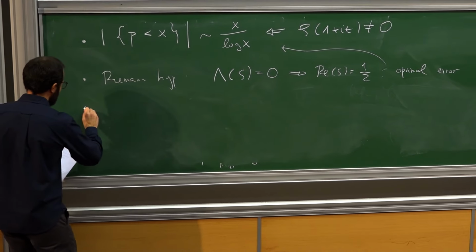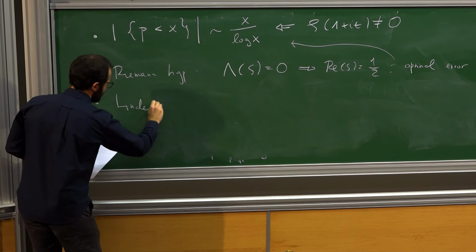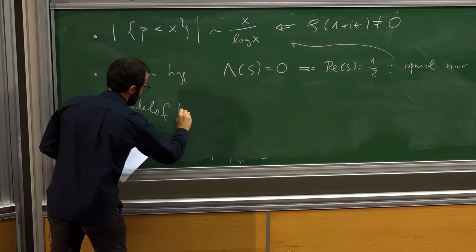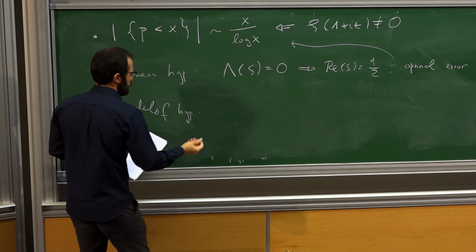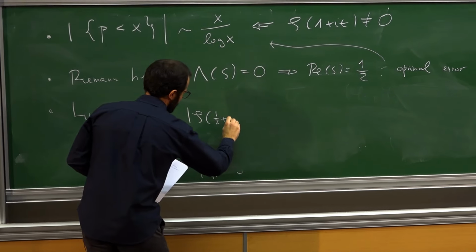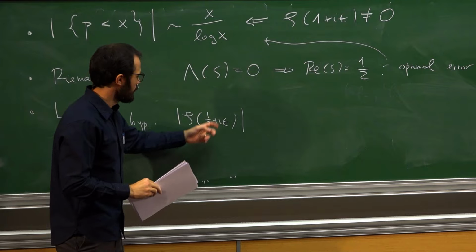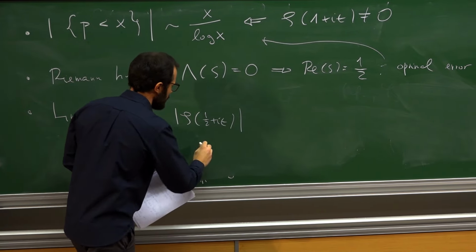Now there's a slightly weaker hypothesis, which is also unproven, the Lindelöf hypothesis, which asks about the size of the zeta function on this critical line. So there's this line 1/2 plus it for t real.